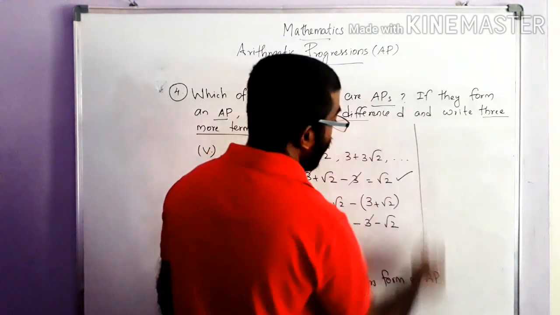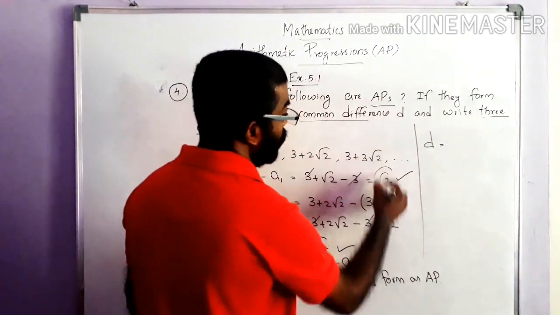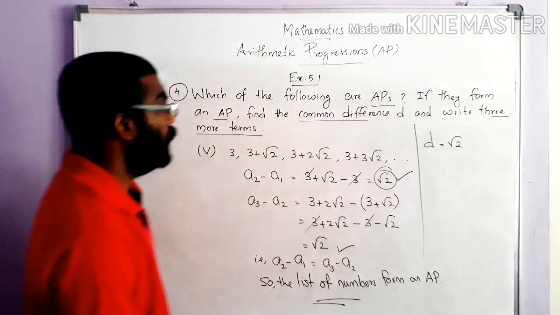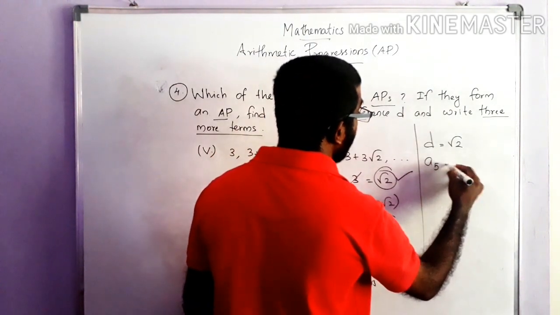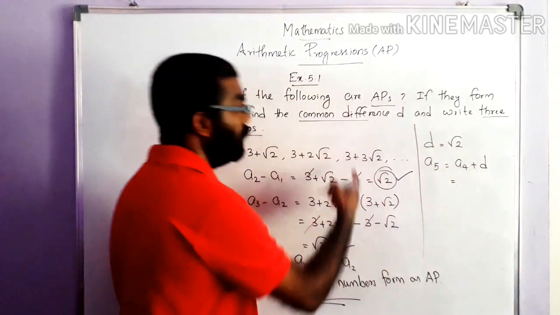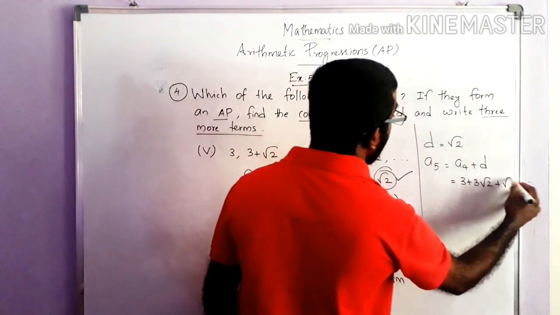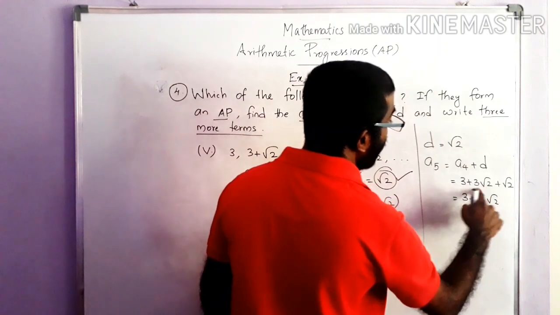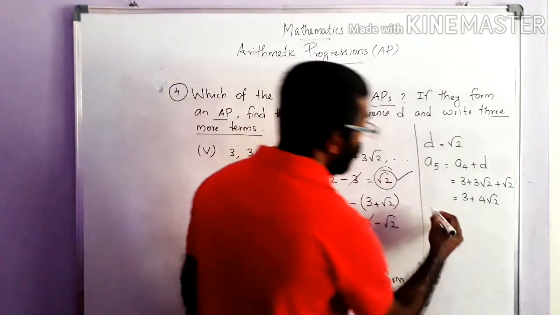And here the common difference D is root 2. D is equal to root 2, and the next 3 terms are respectively A5, fifth term is equal to A4 plus D. Fourth term here is 3 plus 3 root 2, 3 plus 3 root 2 plus root 2. That is 3 plus 4 root 2. 3 root 2 plus 1 root 2. That is 4 root 2.